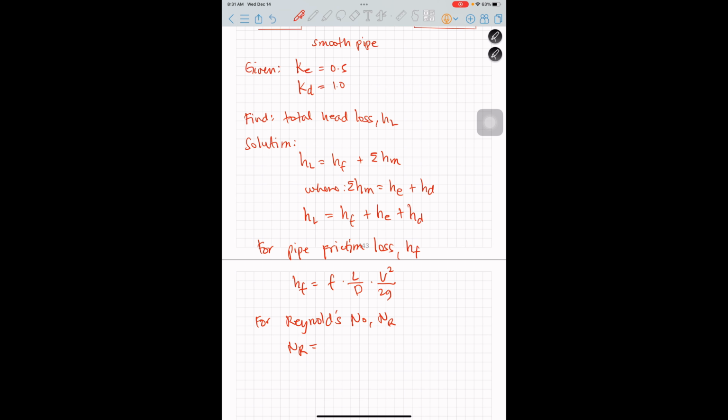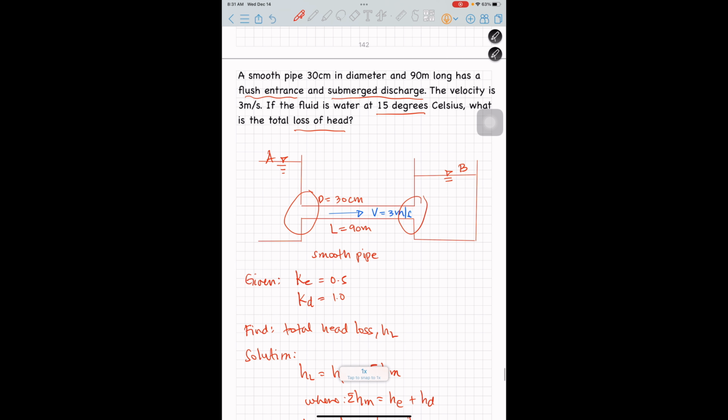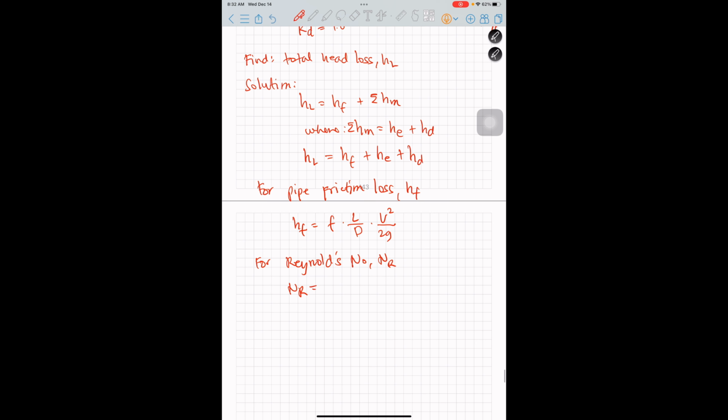The formula is based on our given. So the water is at 15 degrees Celsius. For water at 15 degrees Celsius, the kinematic viscosity is equal to 1.139 times 10 to negative 6 meters squared per second. So our formula is equal to dV over the kinematic viscosity.